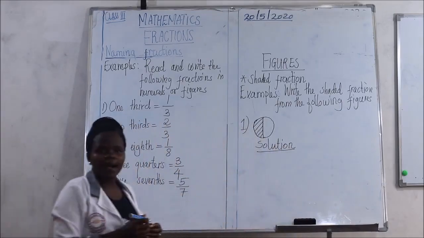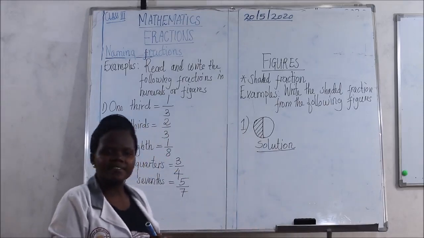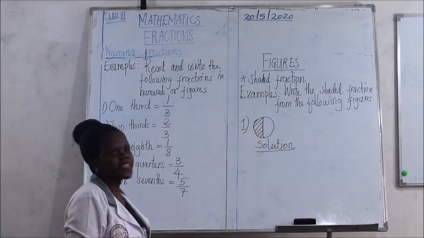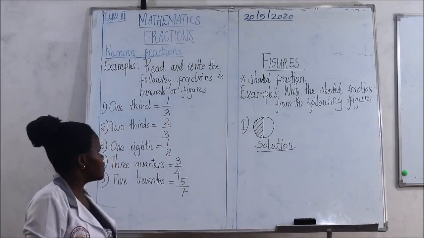We have been given the diagram which is divided into two parts, and we need to write the shaded fraction or the shaded part.